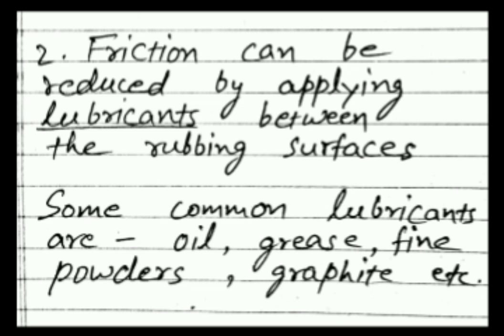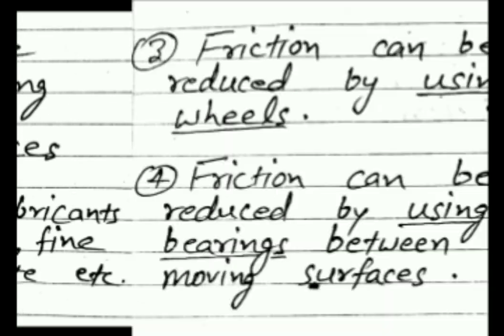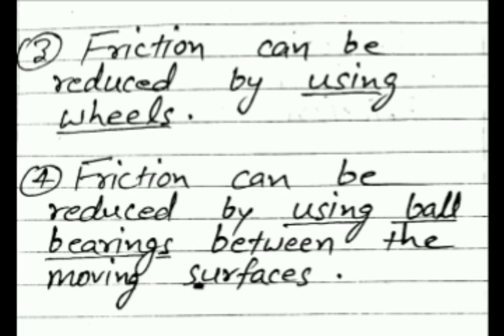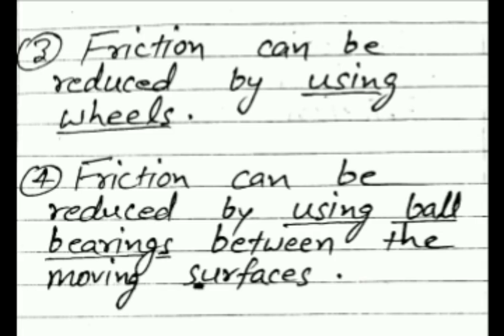Now let us see the third way to reduce friction. Friction can be reduced by using wheels. Students, as we have studied, rolling friction is very much less than other types of friction like sliding or static.